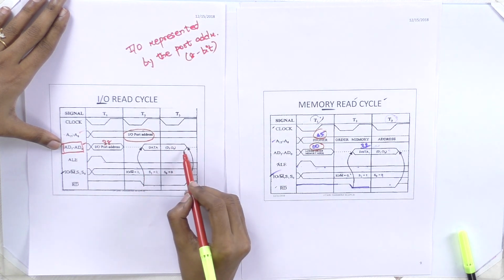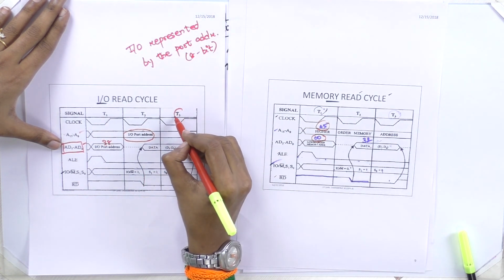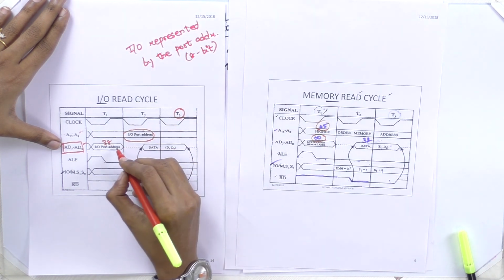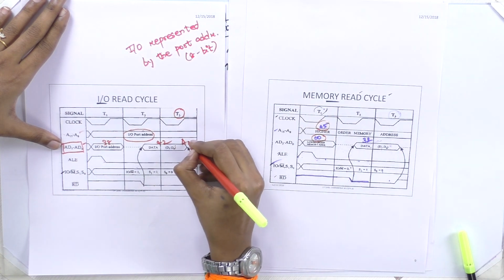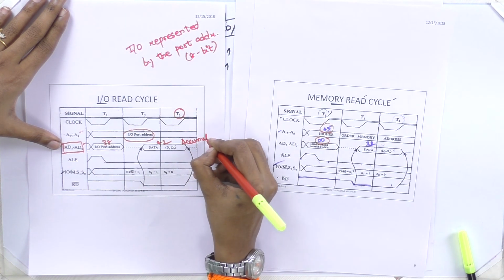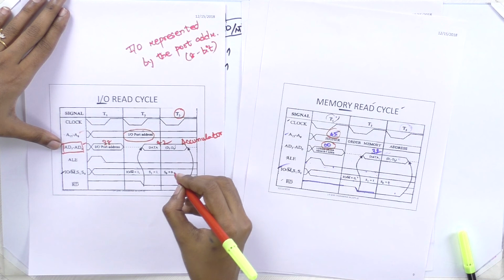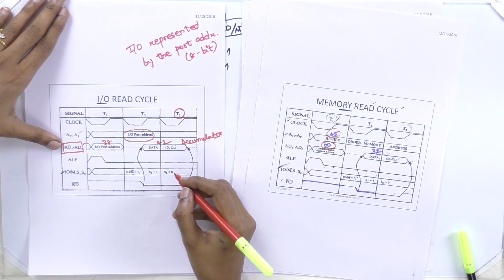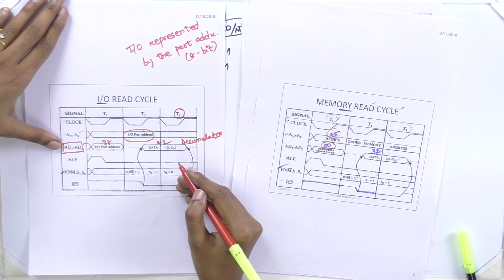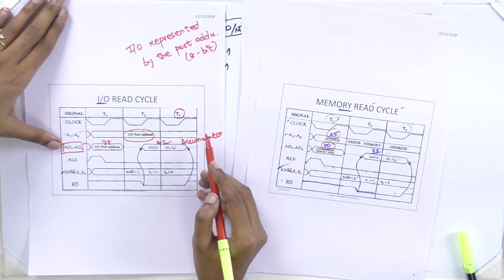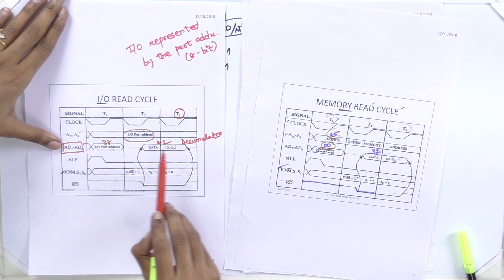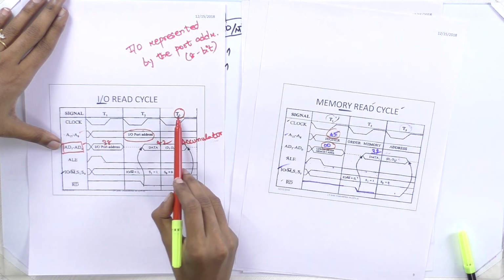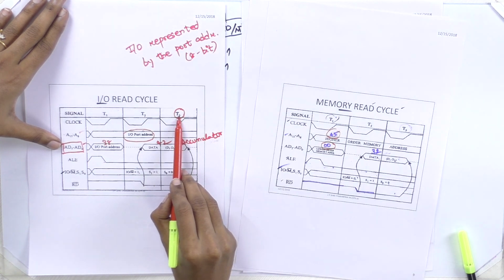It places it in the accumulator at T state 3, because while discussing the instruction set we saw that IN and OUT operations happen through the accumulator. So at T state 3 the value 42, read from port address 38, is written into the accumulator.